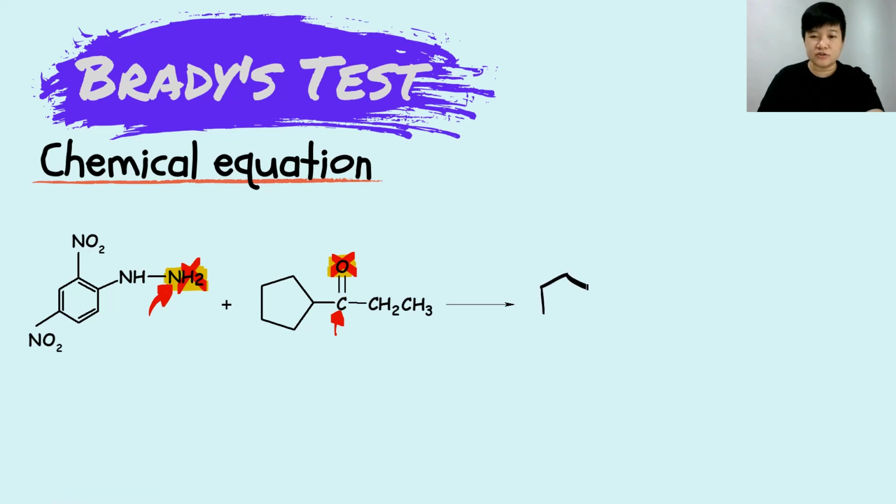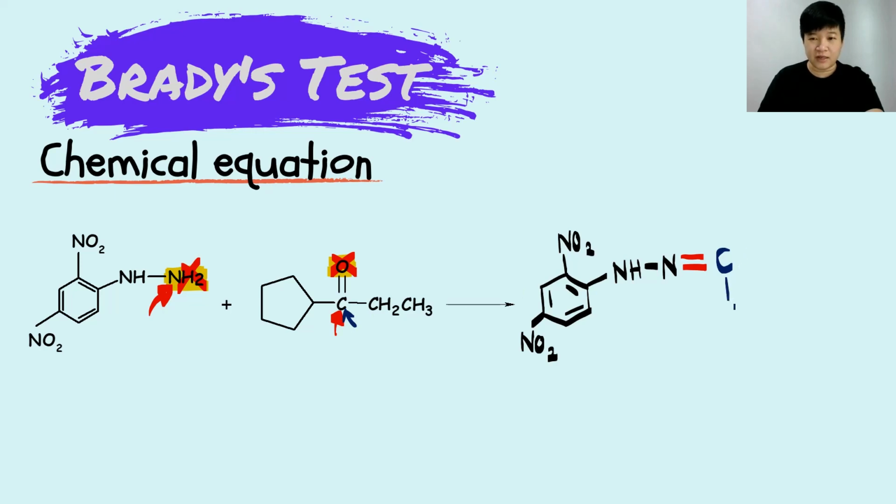And the entire group that doesn't change shall remain unchanged. So you have your NO2 over here, and your NO2 over here that should be sitting in the same place. That is your NH, bonded with a single bond to the N. And the N loses the hydrogen already, so it will connect with a double bond to the carbon that was holding C double bond O just now.